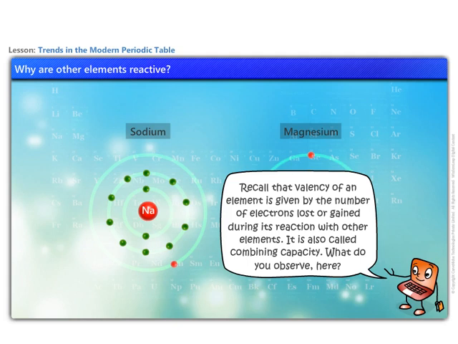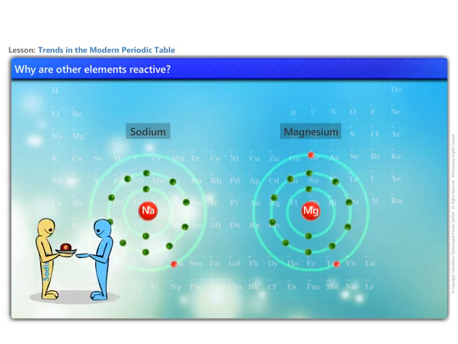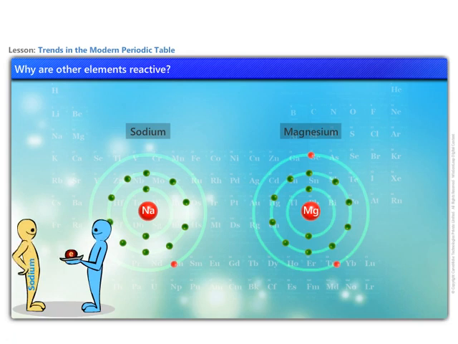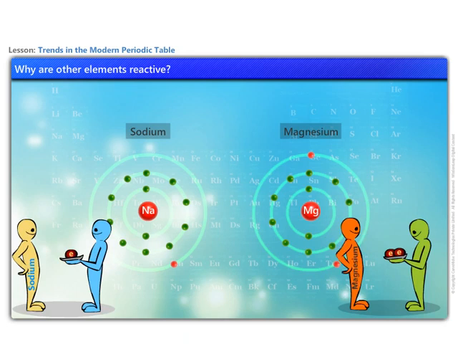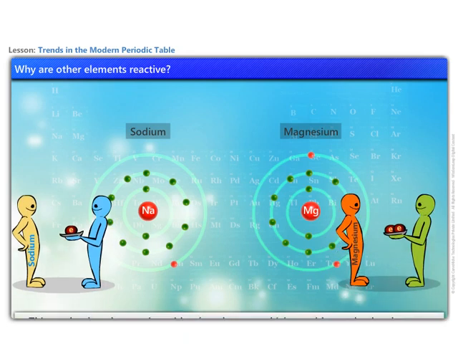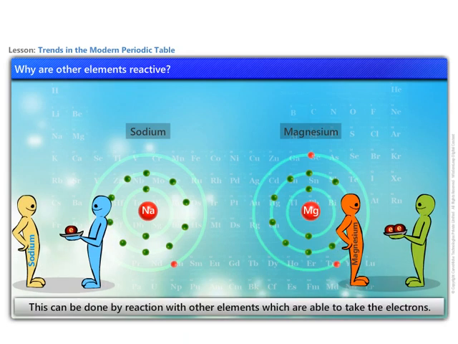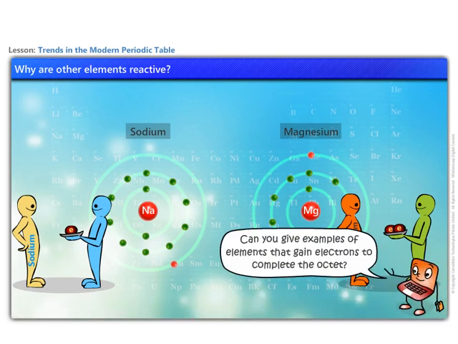It is also called combining capacity. What do you observe here? Sodium can attain octet configuration by losing 1 electron and magnesium can do so by losing 2 electrons. This can be done by reaction with other elements which are able to take the electrons. Can you give examples of elements that gain electrons to complete the octet?